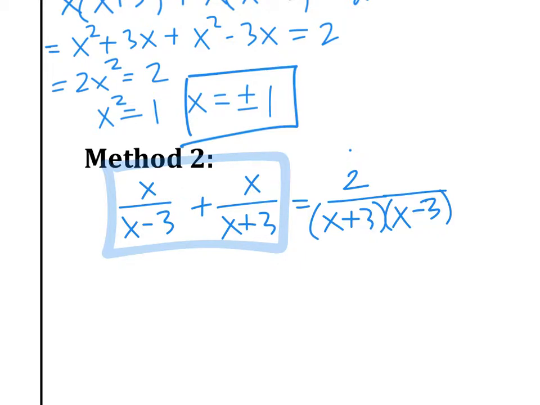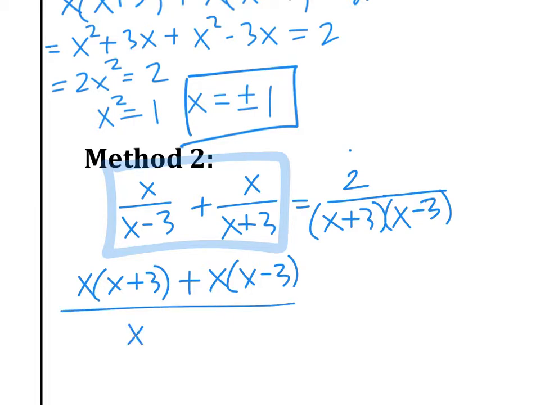That looks like x times x plus 3 plus x times x minus 3 all over that least common denominator.